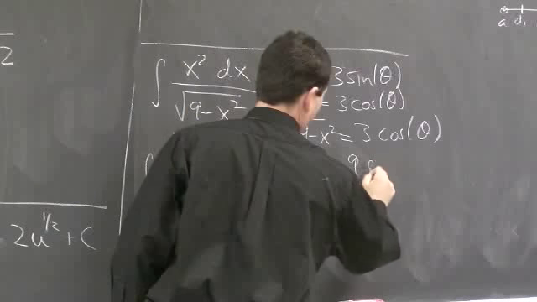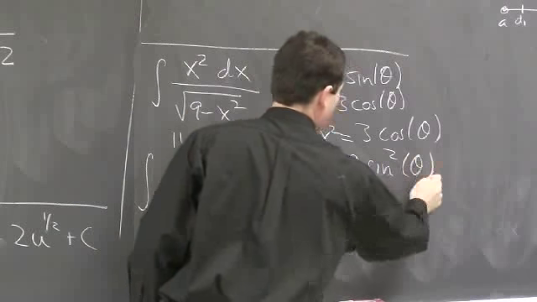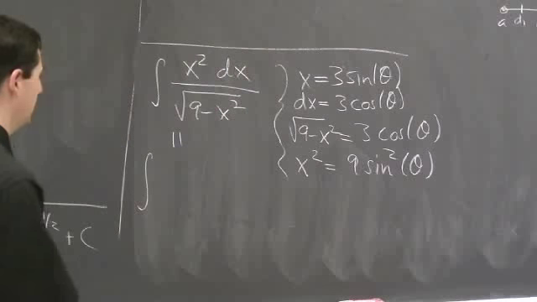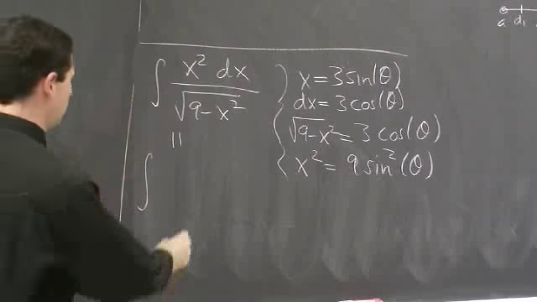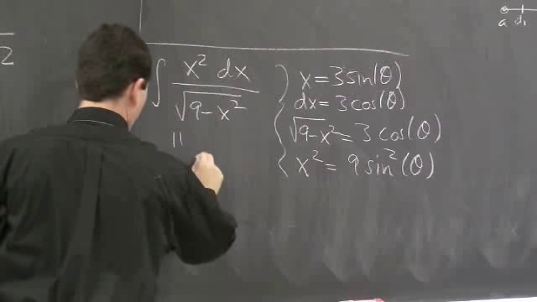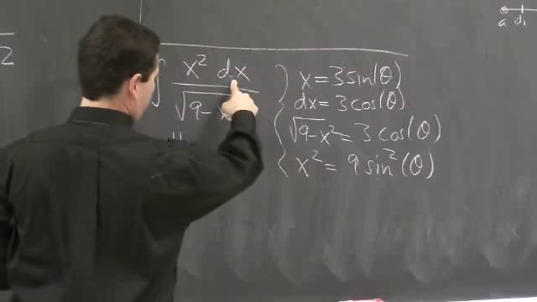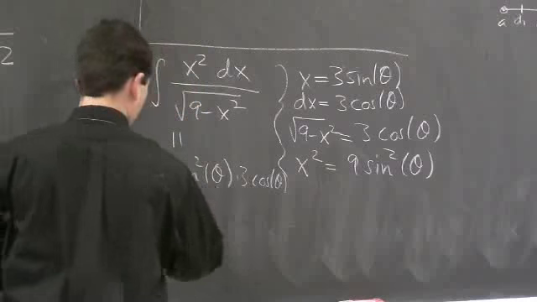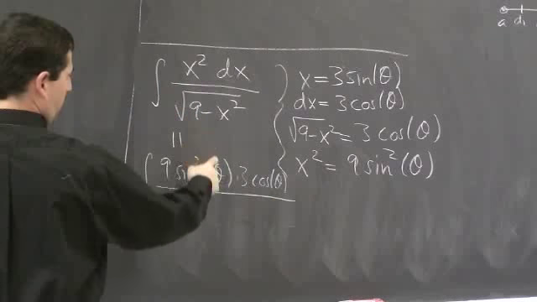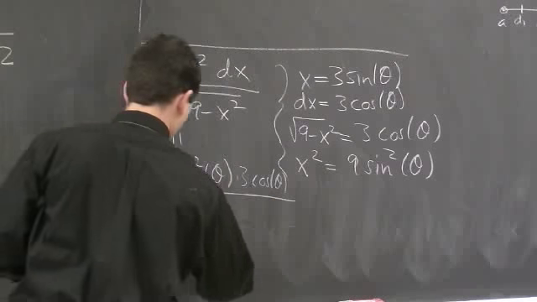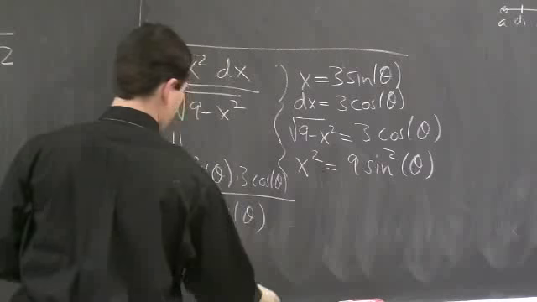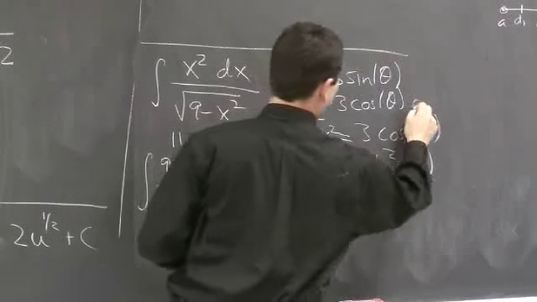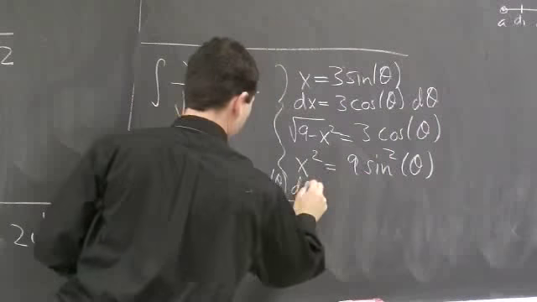x squared equals 9 sine squared theta. So x squared becomes 9 sine squared theta. dx is 3 cosine theta, and square root of 9 minus x squared is 3 cosine theta. Oh, I forgot a d theta here.